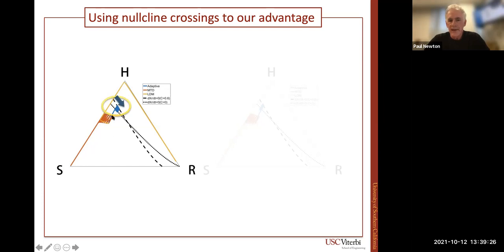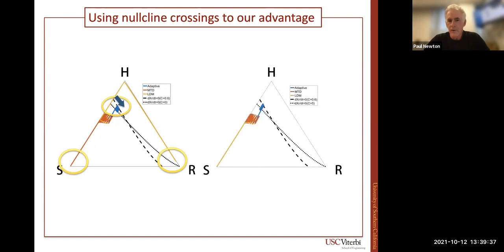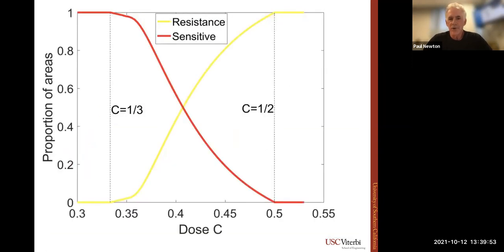So you can drive it in a certain direction by switching the chemotherapy off and on, and keep it away from that S corner, or keep it away from the R corner. And here would be another example of switching the chemotherapy off and on in order to trap it between these null lines, keep it away from those corners. You could have it go up, you could have it go down, and so forth. So there's a lot you can do once you adaptively have your C of T as your control.